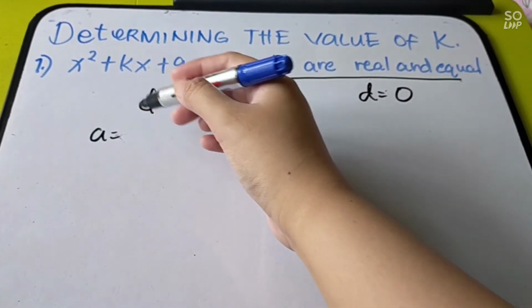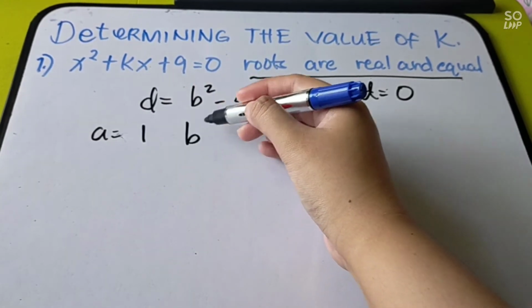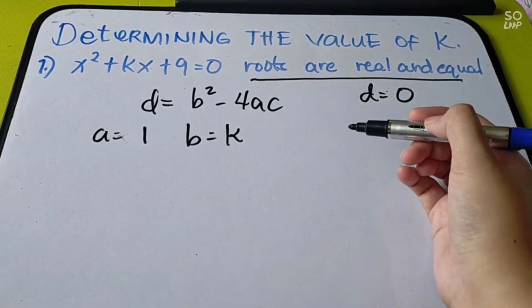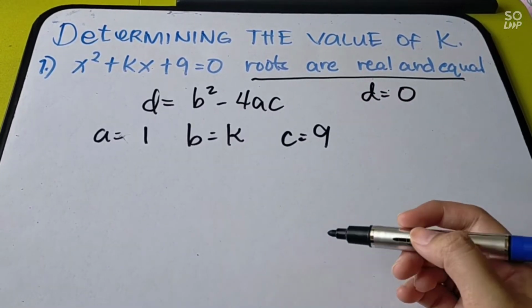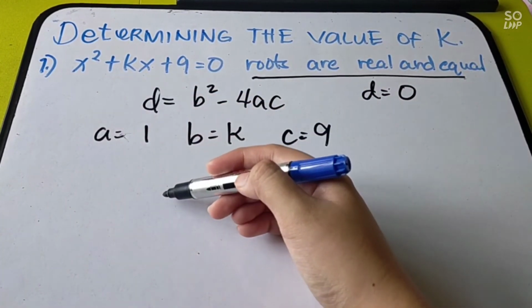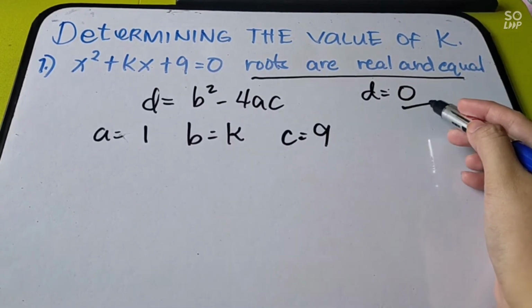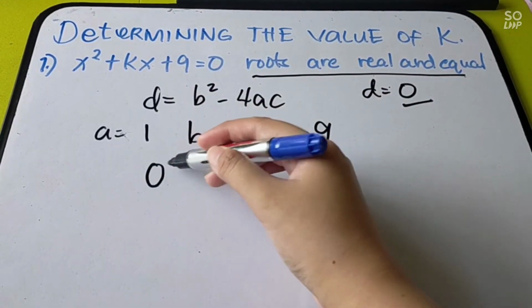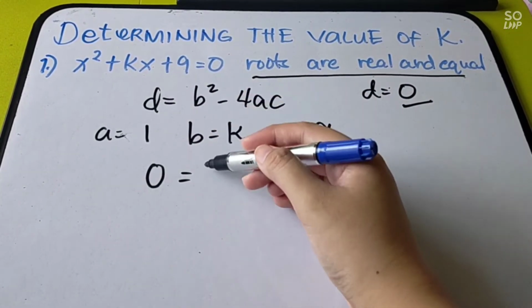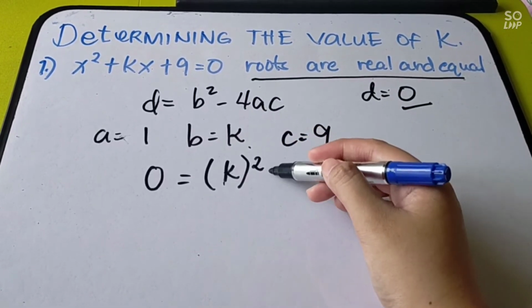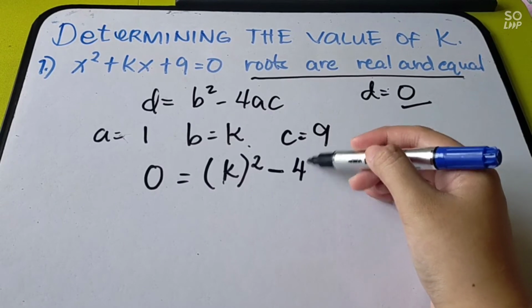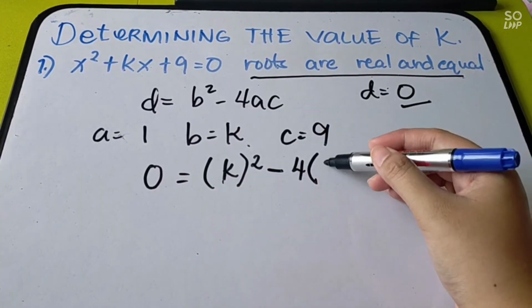Ang a natin sa ating given is 1. Ang b natin is k, that's the missing one. Ang c natin is 9. Yan. Then, let us use the formula. Substitute natin. Ang d mo is 0. So, right here, 0 is equal. Your b becomes k. It becomes k squared. Minus 4, just copy 4 times. Ang a natin is 1.